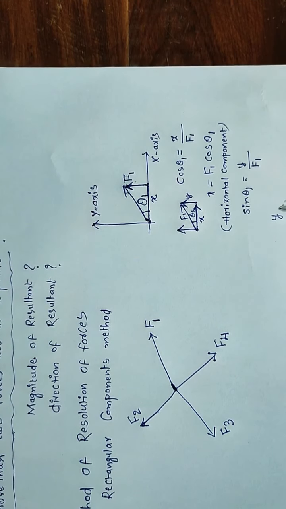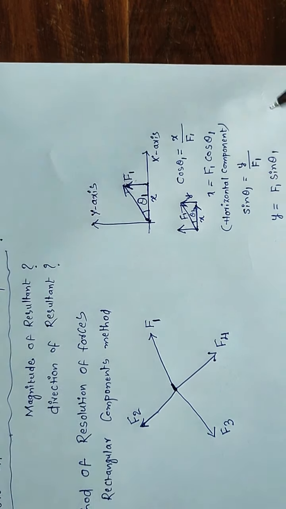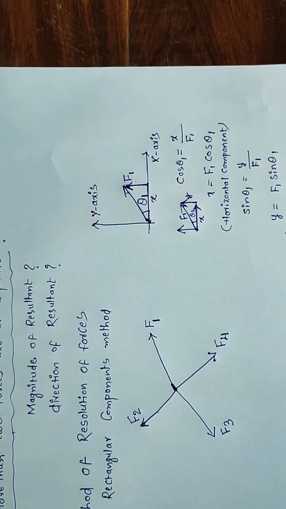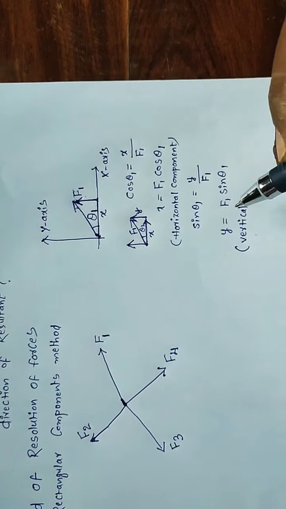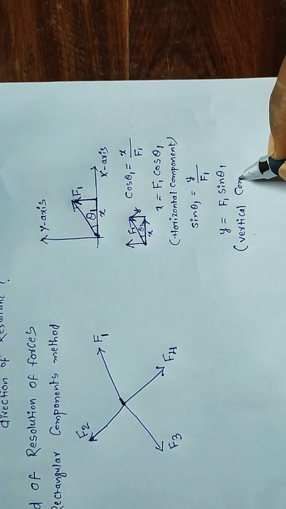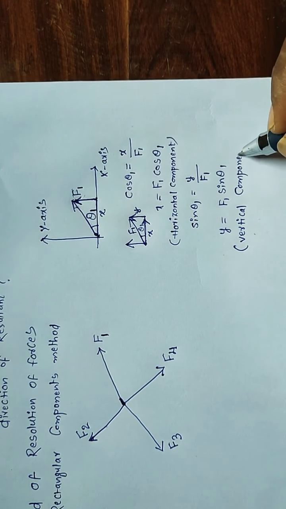So y equals F1 sin theta 1. This is the vertical component, so the value of the vertical component is F1 sin theta 1.